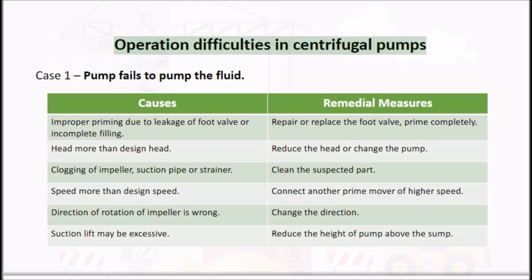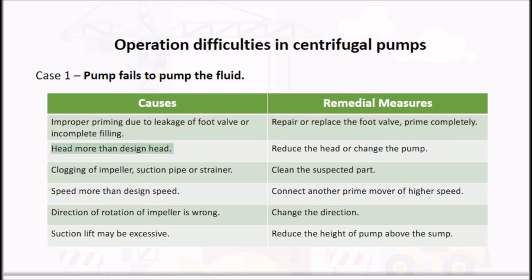Operation difficulties in centrifugal pumps. Case 1: pump fails to pump the fluid. Causes and remedial measures. Improper priming due to leakage of foot valve or incomplete filling: repair or replace the foot valve, prime completely.